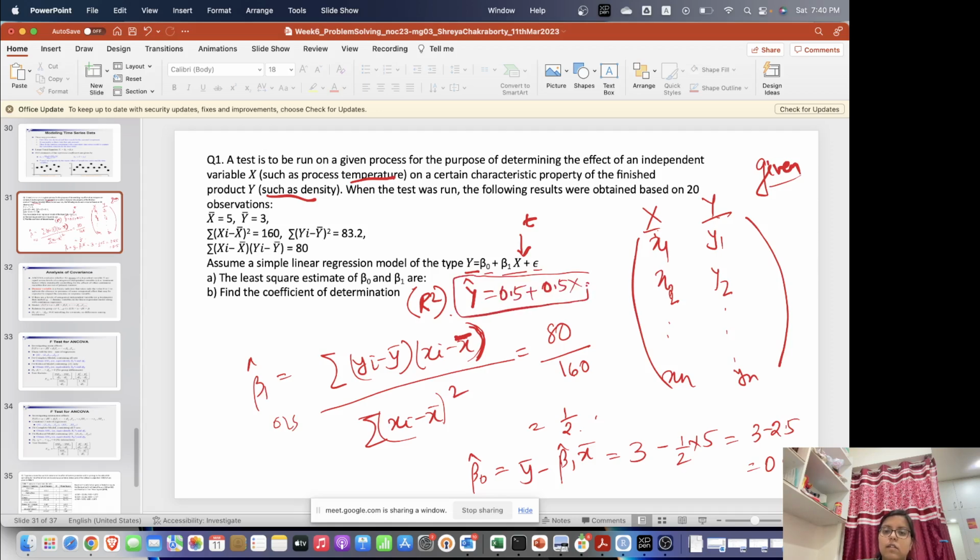This is the fitted linear regression equation. Any doubts? I hope you will be able to solve problems. If x's and y's are given to you, you'll be able to get the estimates and write the normal equations.